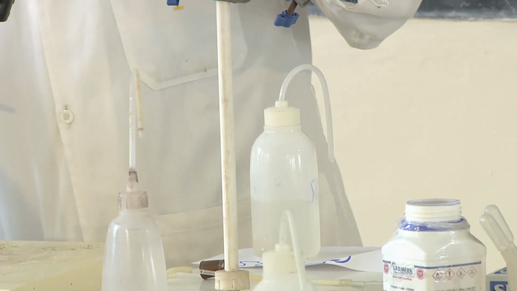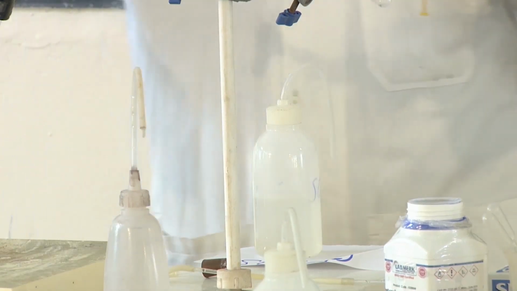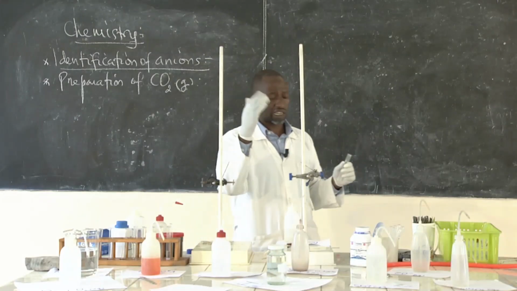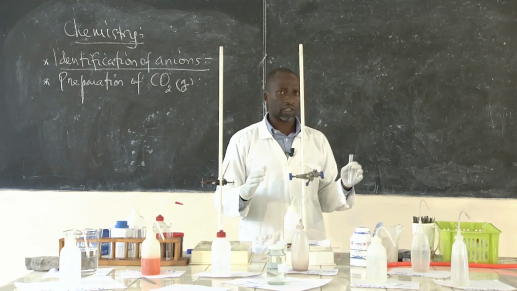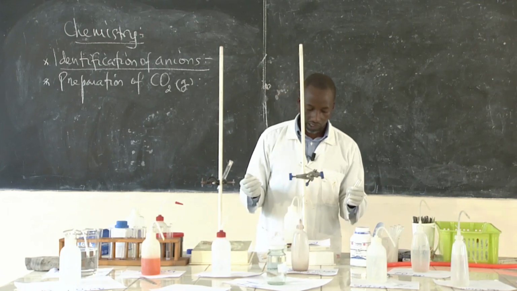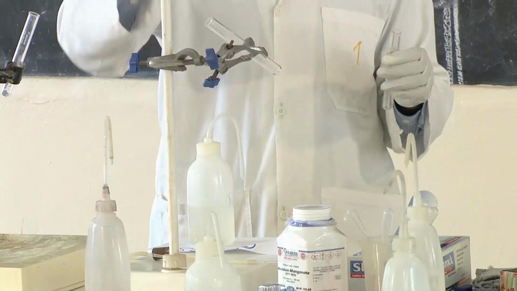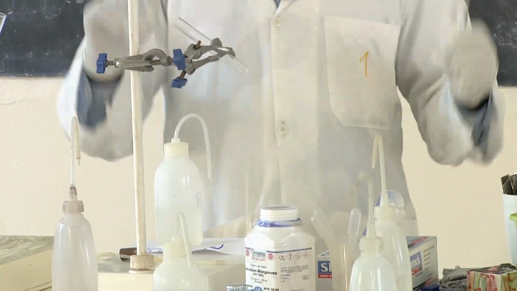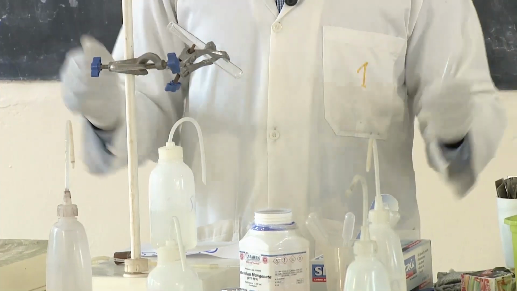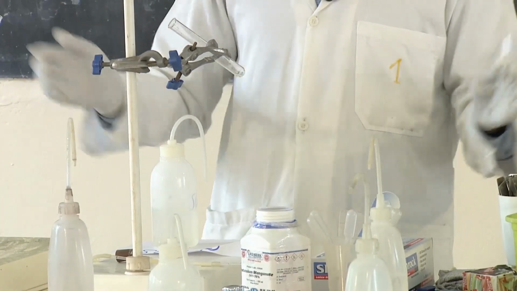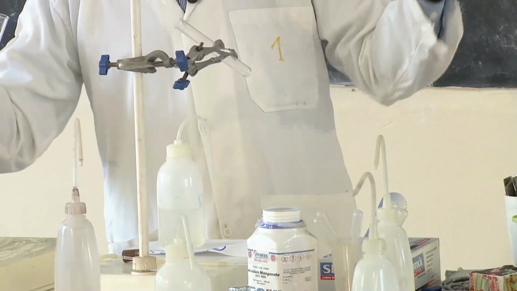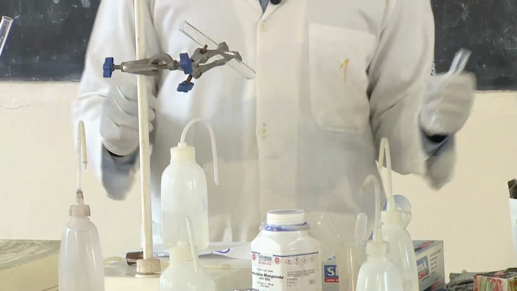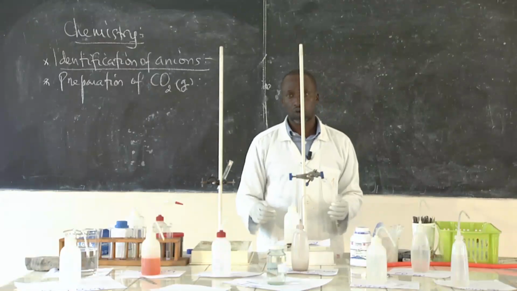As usual, we just put a very little solution. I said in qualitative analysis, measurements are not necessary. It is just approximate. We normally have problems with students trying to measure, let's say, about 1 cubic centimeter, and somebody is looking for how to measure 1 cubic centimeter.